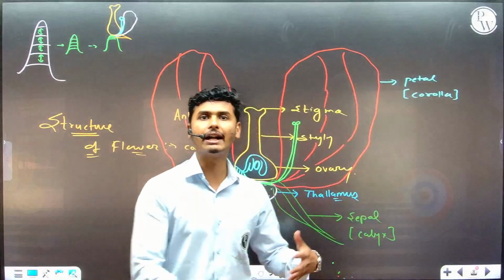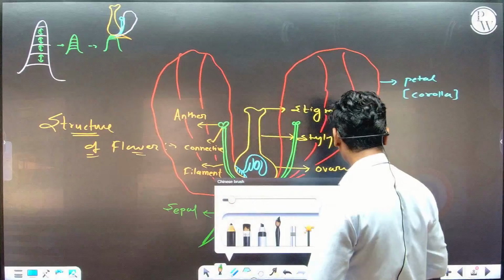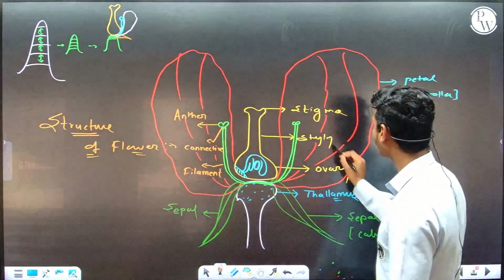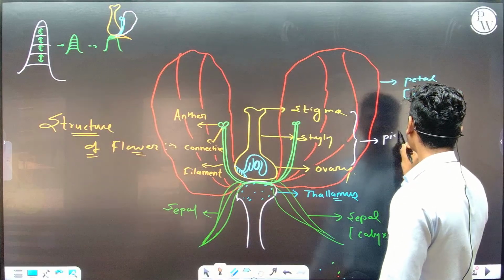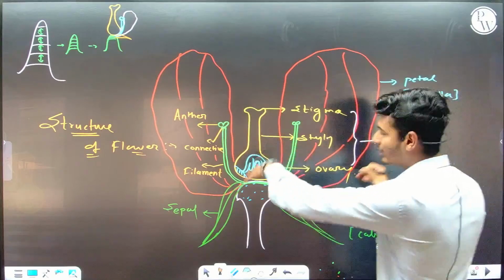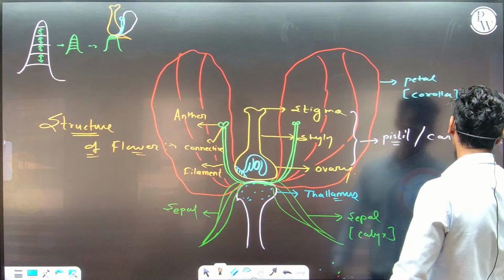Calyx, corolla, androecium and gynoecium. Now where are androecium and gynoecium? This stigma, style and ovary completely is known as pistil, and if two or three pistils are present, then they are known as carpels.